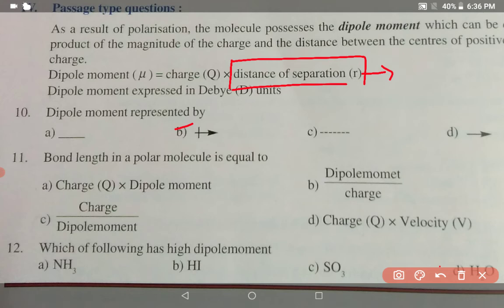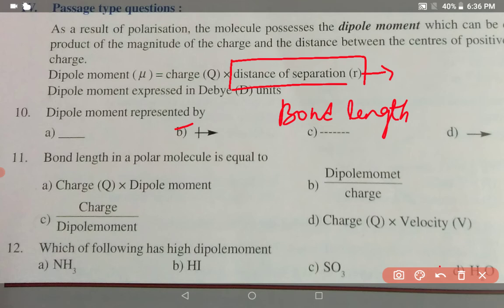Now they are asking how to find out the bond length in a polar molecule. Now that distance of separation, we are going to consider it as bond length. Now when dipole moment is equal to charge into distance of separation, that is bond length, when you want to find out the bond length, what we are going to do, send that charge to LHS.